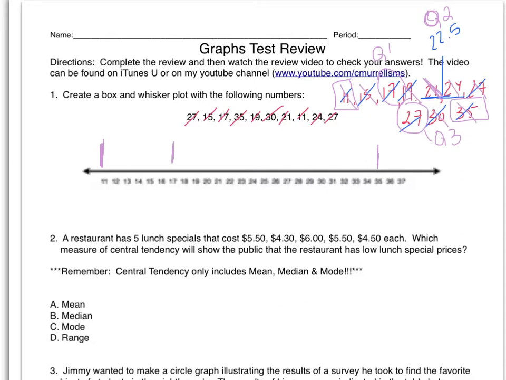I'm going to find my Q2, which is 22.5, so I have to put it between 22 and 23. And then my Q3 is 27, so I put a line there. To box, I box in my Q1, Q2, Q3, and then I draw my whiskers out to my min and my max. So there is a box and whiskers.